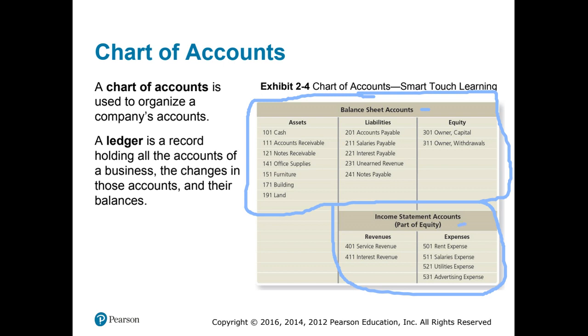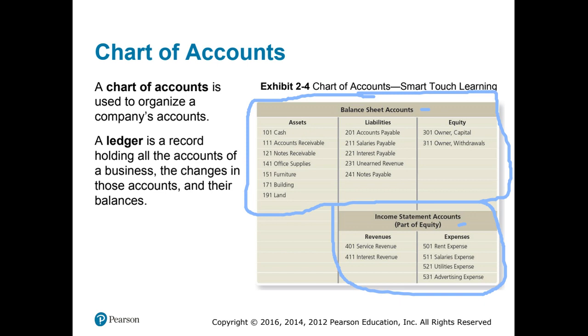Balance sheet accounts are where our assets, our liabilities, and our equity accounts will flow. These will flow to our balance sheet. Our revenue and expense accounts will flow to our income statement.